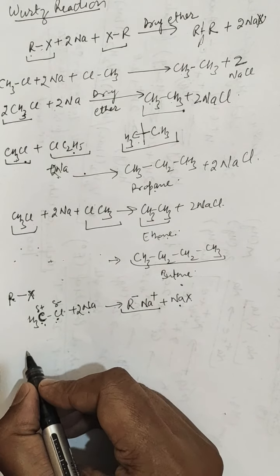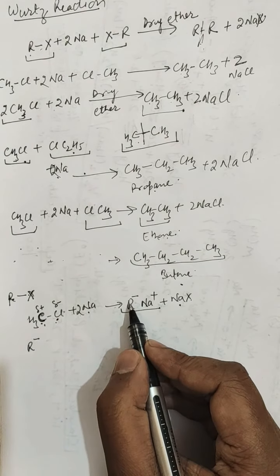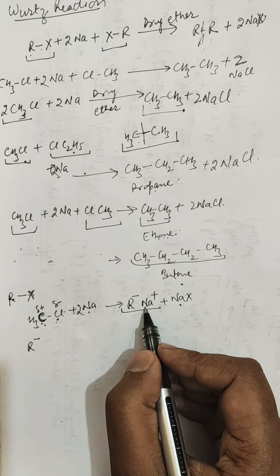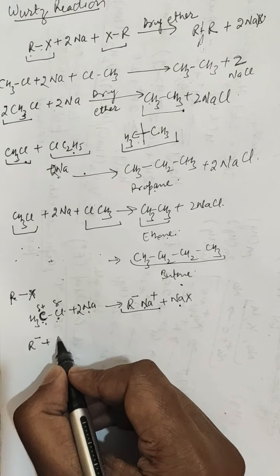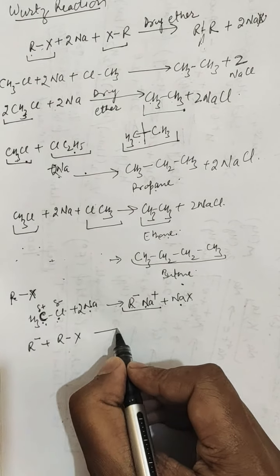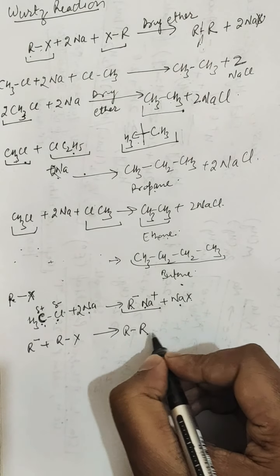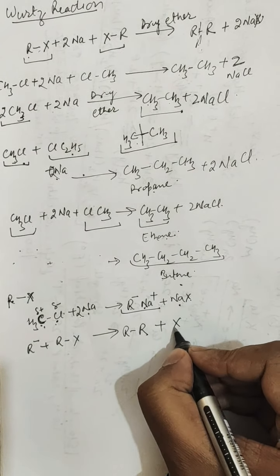And further, this carbanion from this salt is reacting with the second molecule of alkyl halide to form the alkane plus X negative.